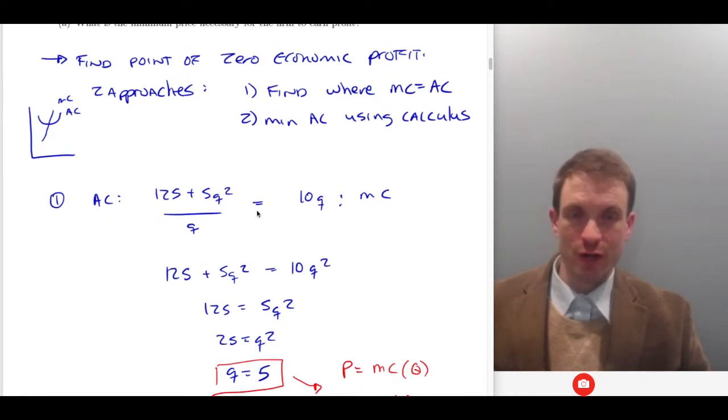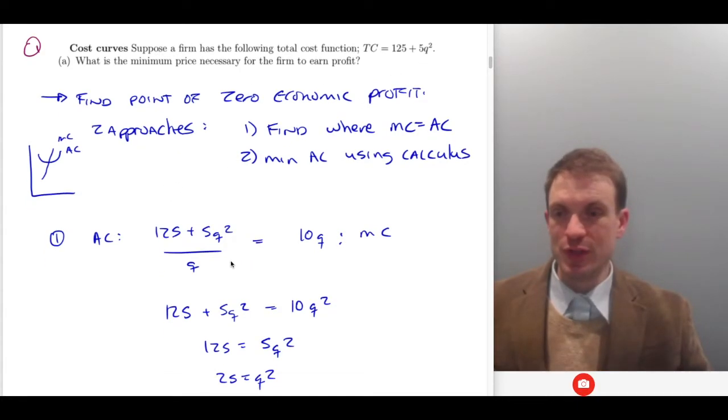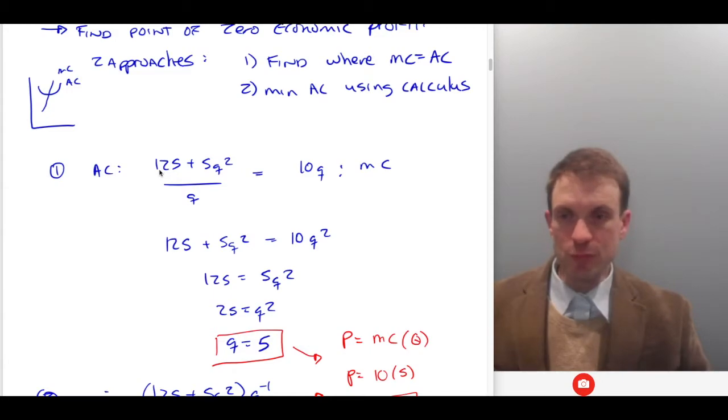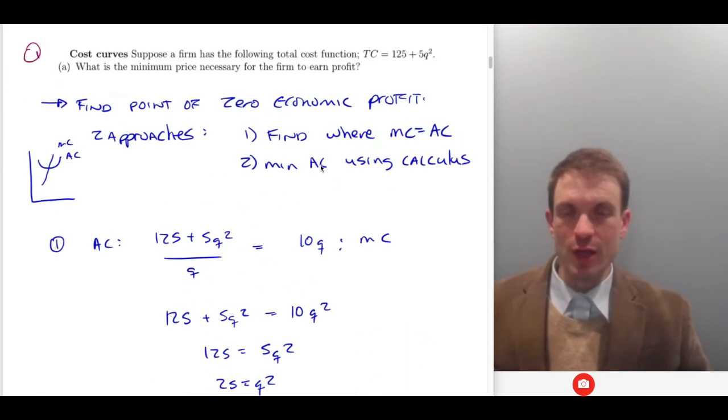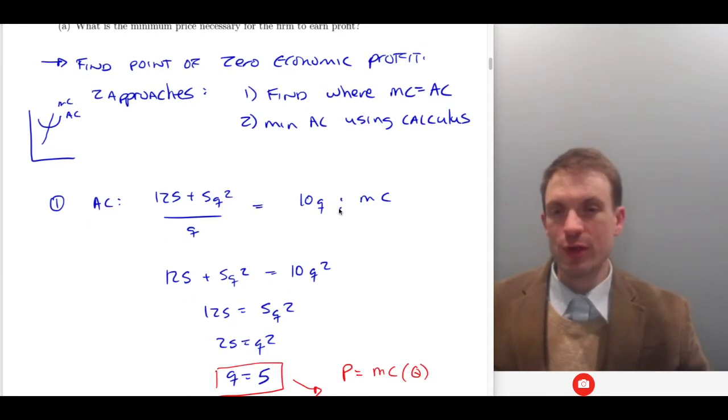We have average cost. So our total cost function is 125 plus 5q squared. Divide that by q gives us our average cost. Okay, 125 plus 5q squared divided by q is average cost. Marginal cost is just the first derivative of total cost with respect to q. So that's going to be 2 times 5 is 10, reduce the power by 1, so 10q is marginal cost.